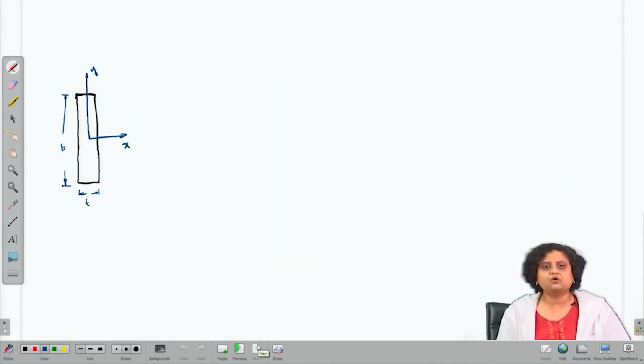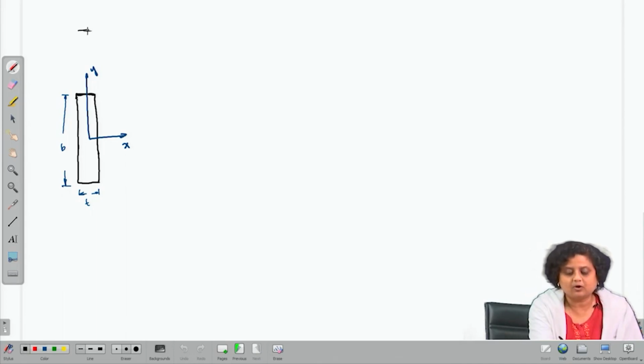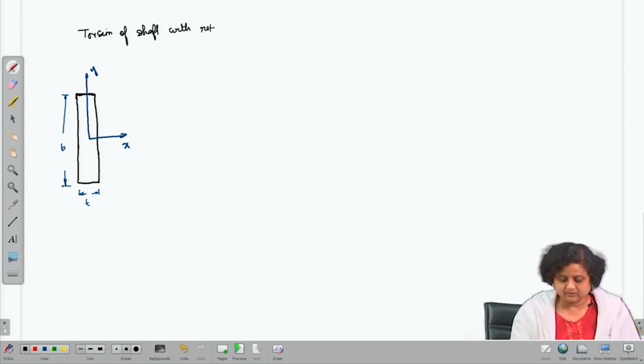So, the next topic that we are going to discuss is torsion of shaft with rectangular cross section, with narrow rectangular cross section.